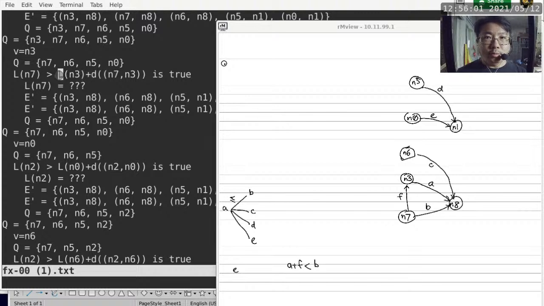And that turns out to be less than the L value of n7. And at this point, L of n7 is just b, because that was the first L value of n7. And that's why, if we get into the then portion of the algorithm, it's telling us that a plus f is less than b. Are we doing okay? Because this is really important. I want to pause here and make sure that everybody understands this part.